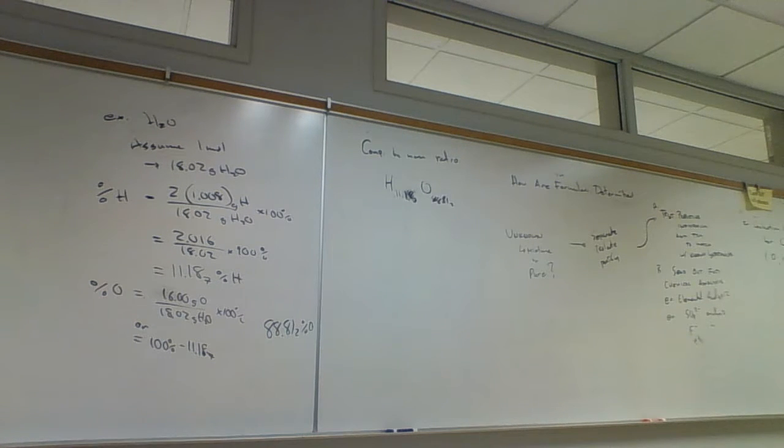It costs money for this analysis, but what they determined was that the sample contained 74.1% carbon, 8.64% hydrogen, and 17.3% nitrogen.